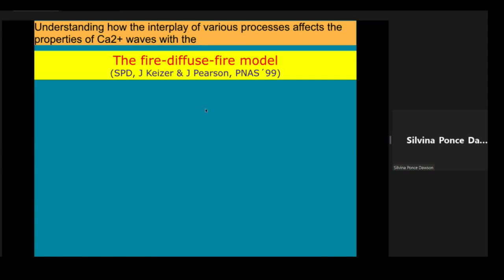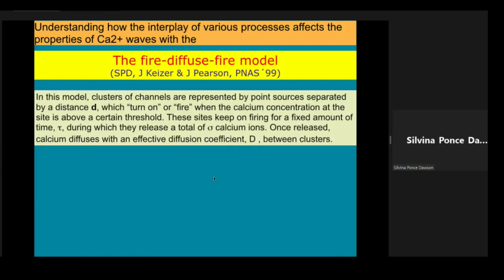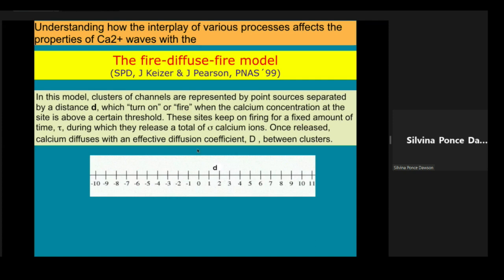At some point many years ago, we tried to understand the key ingredients of this propagation failure and these different ways of propagation, with a very simple model that had the sites of release distributed along a line, equally spaced.